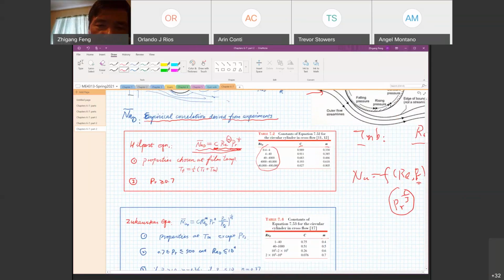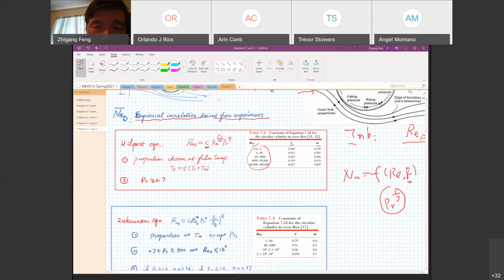The second point I want to make is that when you evaluate the fluid properties using this correlation, they have to be evaluated at the film temperature. The third point is that there is a limitation for this correlation.